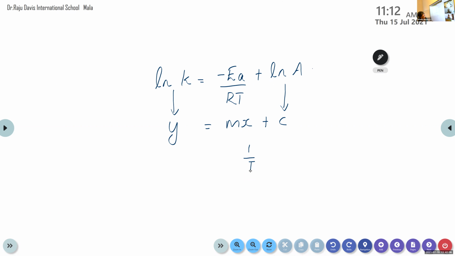This is clear, Achut? Then using this we can plot like this. It is 1 by T here, and it is ln K. Then the graph is like this.